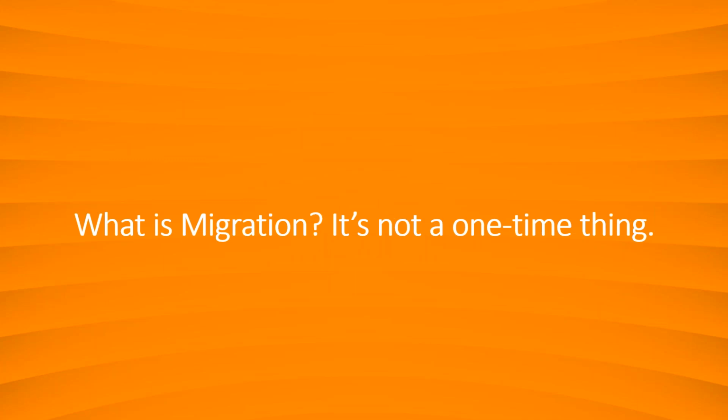If you change any of that, that is still a migration. And because of that, when we start defining migration like that, migration starts to mean business process. It starts to mean making changes to your data and the way you do business.